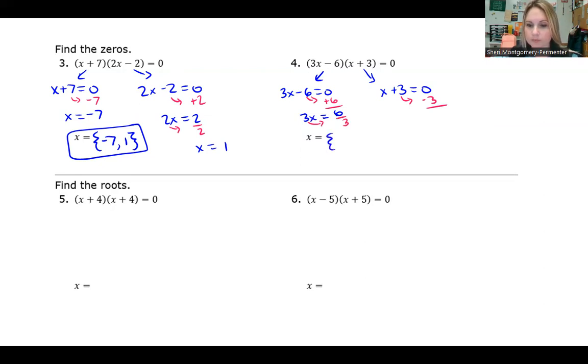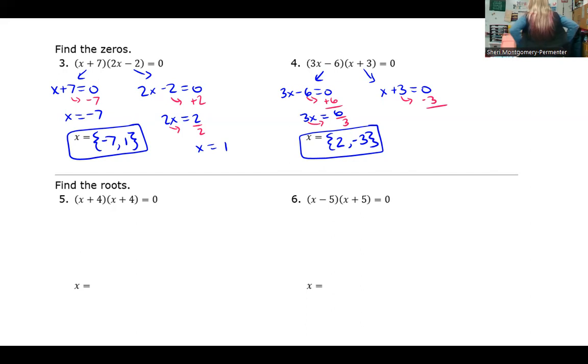Fractions. If you need to do a fraction. Did y'all get the same answers?